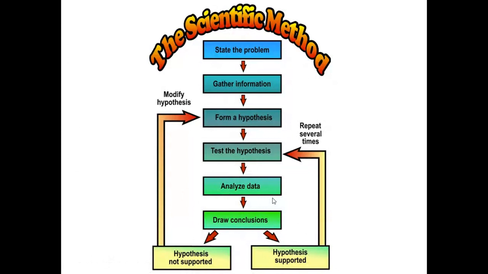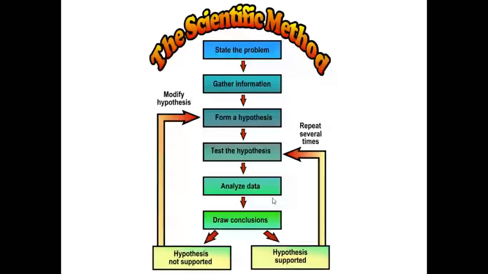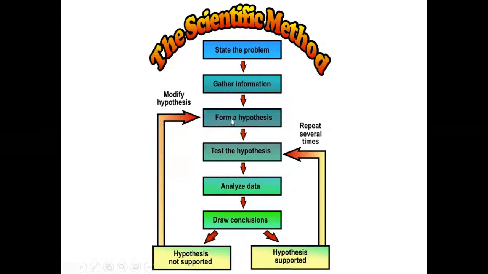A lot of times you'll see a negative connotation that if your hypothesis isn't supported, that's a bad thing. Well, actually, it's not a bad thing, because if your hypothesis isn't supported, as you can see here, you just go back to the form a hypothesis stage and you basically redo your experiment.